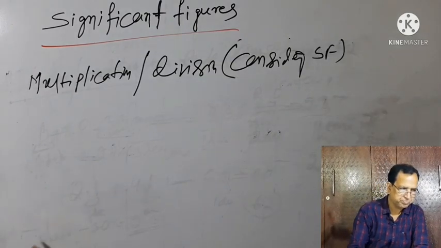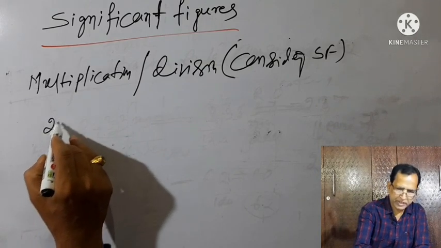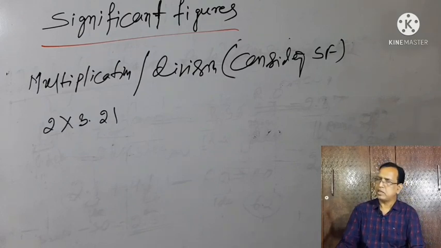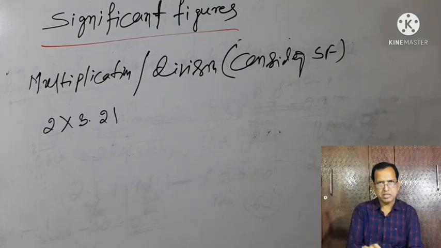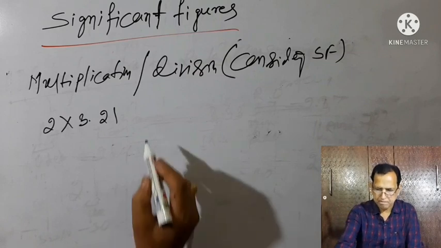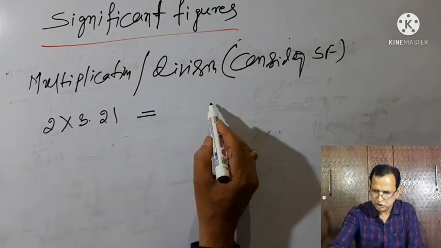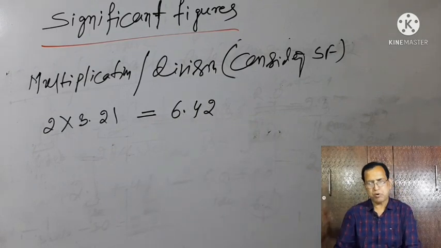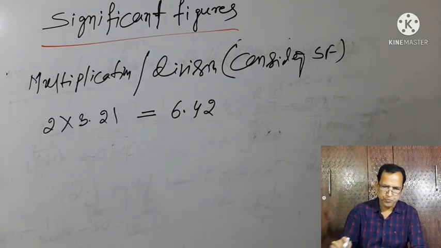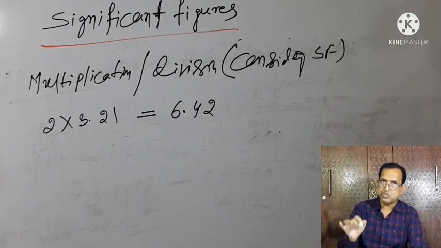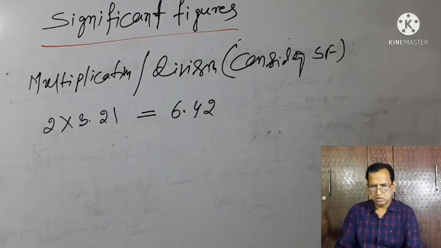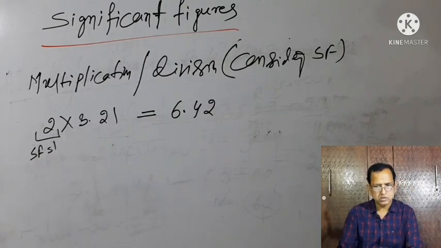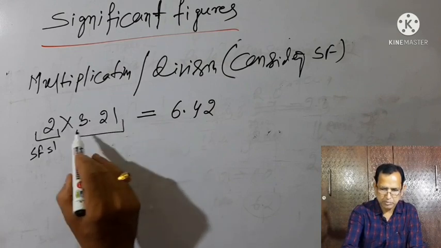For example, 2 into 3.21. In this case also, first compute normally. The answer is 6.42. Okay. So in this case we use significant figures. For the first number, the significant figure is 1.